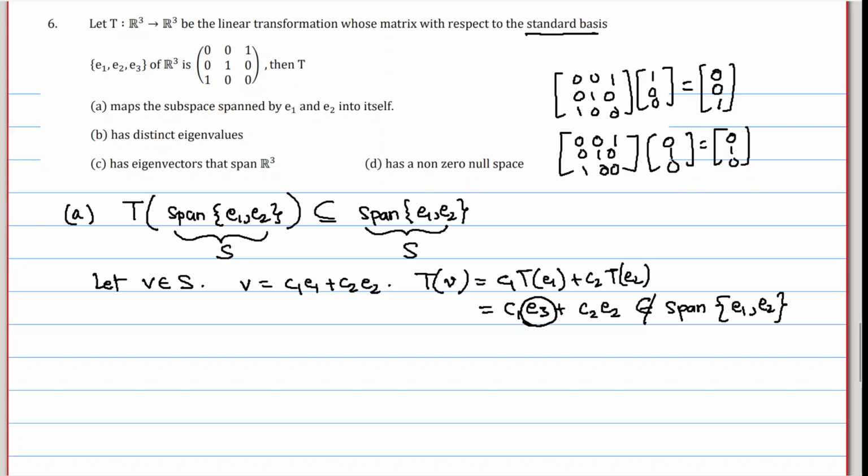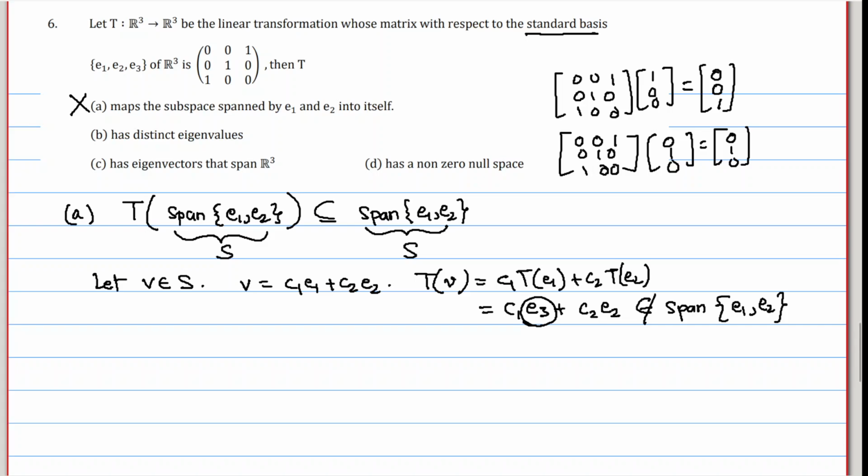It is not a linear combination of E1 and E2, so option A is wrong.